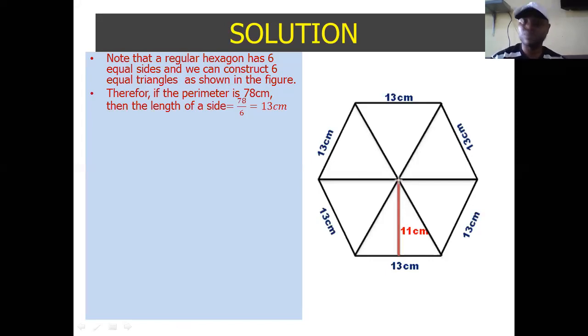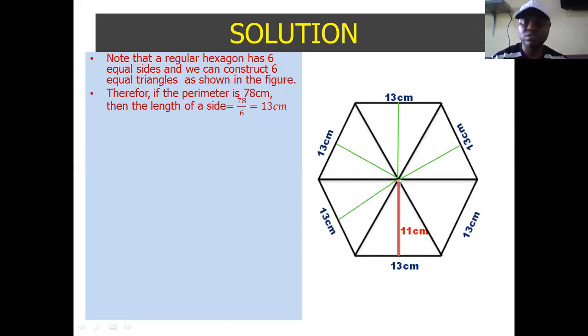Since it is a regular hexagon, these lines are equal for all the triangles formed in this figure. You can see they are all equal. They are all 11 centimeters.